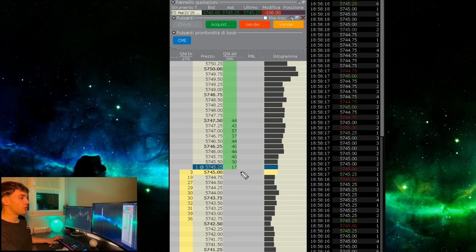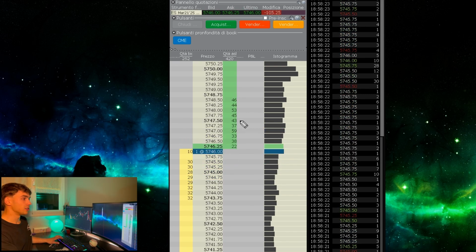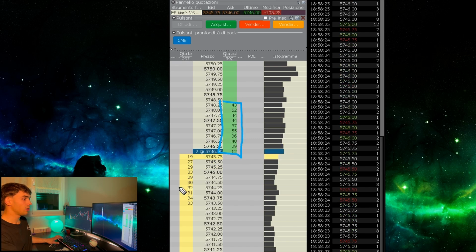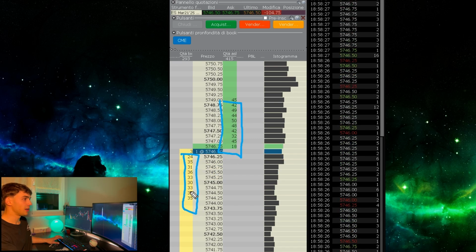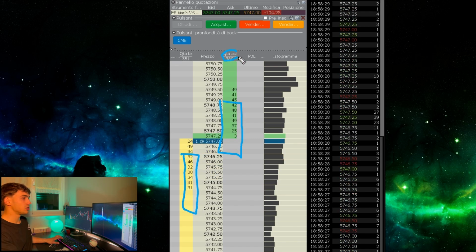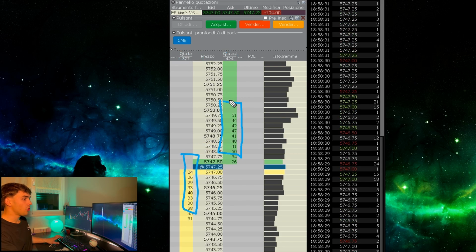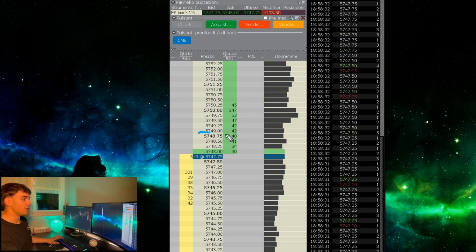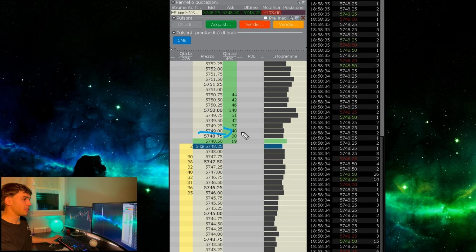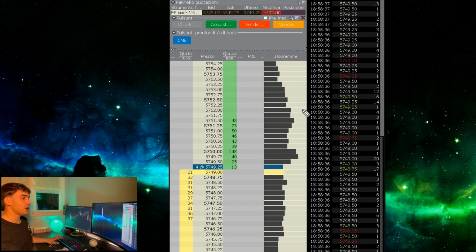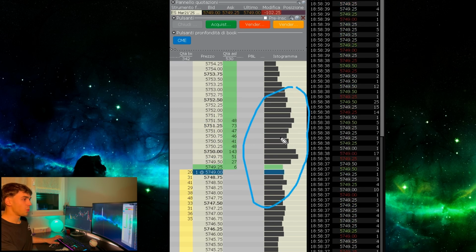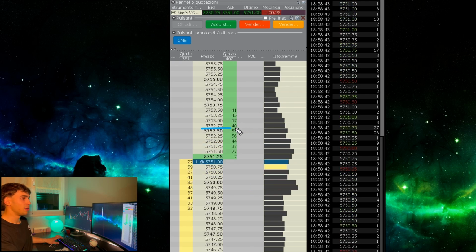This is very, very powerful because it doesn't show us the pending orders. All these are pending orders, right? Orders on the bid and orders on the ask. There are orders that want to be filled, but they are not filled yet in the market. This right here instead is showing us all the orders that have been filled at a specific price.